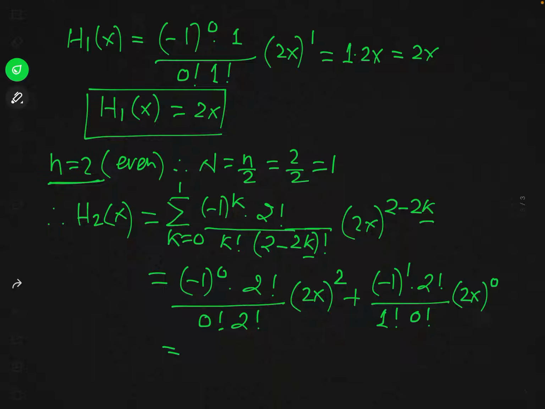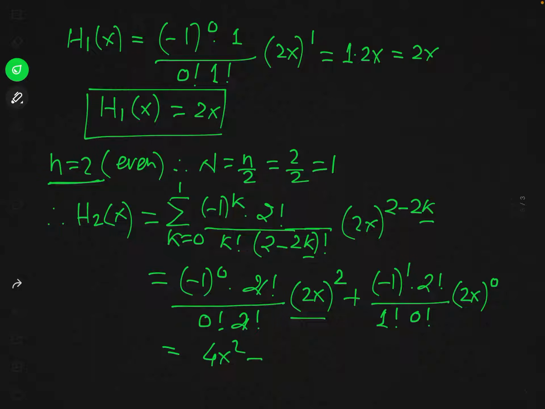Now simplify it. You know, minus 1 raised to the power 0 is 1, and this factorial 2 and this factorial 2 will cancel out. Again 0 factorial is 1, and so this is simply 4x square, only this term. And here you can see minus 1 raised to the power 1, that is minus 1, so we take it here as minus.